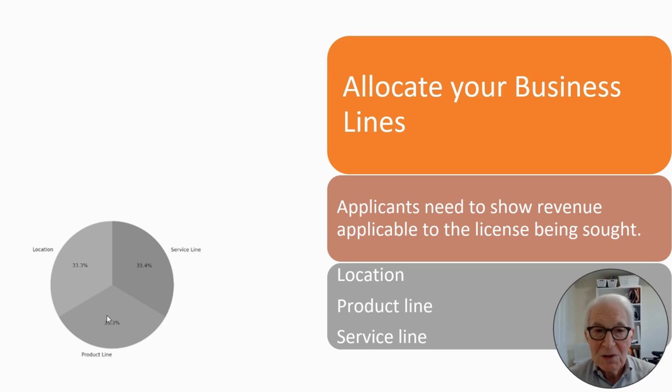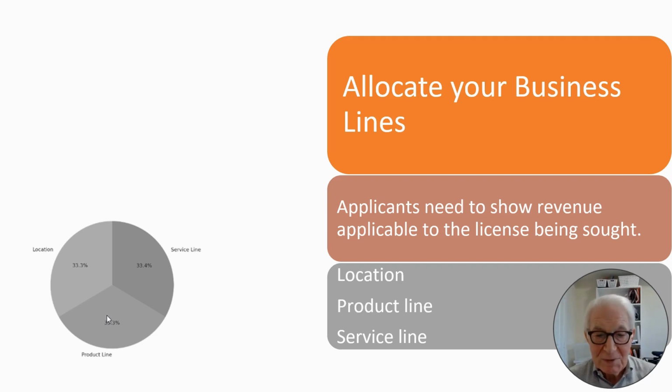So you have to do a deeper analysis into your business and isolate just the operations that are specific to what you're seeking the license for. Like any new venture, the first year of operations is typically less profitable than years 2, 3, and so forth. Including revenues unrelated to the specific license application could result in exceeding the 15% threshold, which means you'll be denied and you'll trigger a 21-day letter.